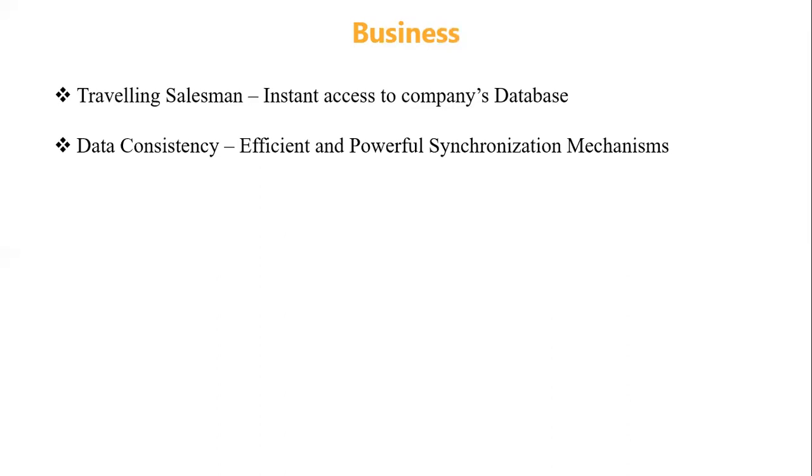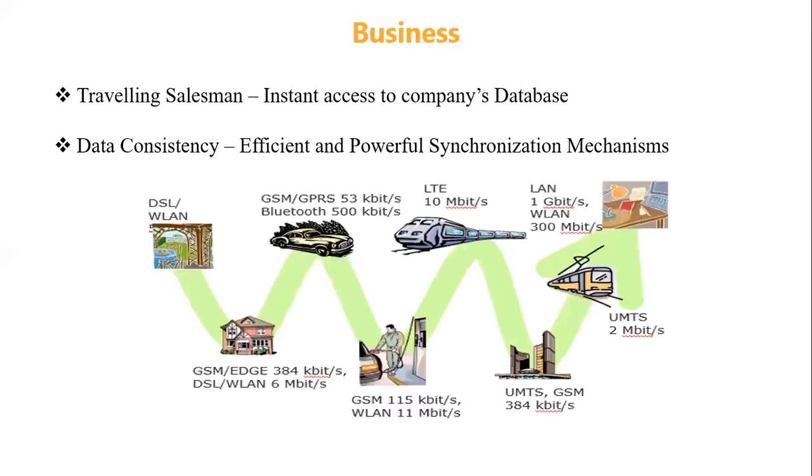So let us try to understand how mobile communication will be useful for a traveling salesman. Let us understand, he is traveling from his home and going to different locations. When he is going to different locations, he may have to pass through different networks. So his device, which may be a mobile phone, PDA or laptop, will switch from one network to another network.